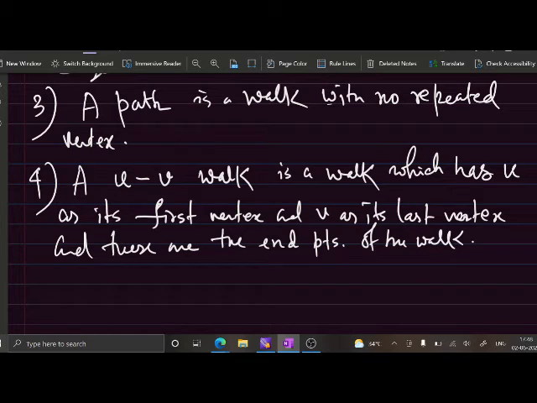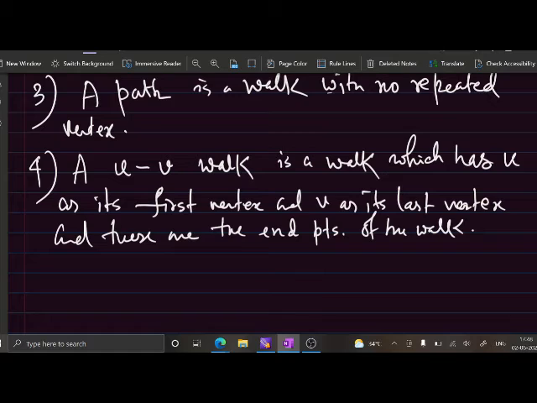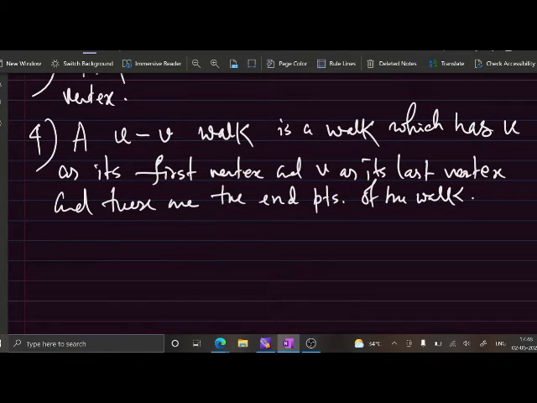So suppose you take any two vertices and you are considering a walk, and U and V are the end points of that walk. That is, U is the first vertex and V is the last vertex. Then it is called a UV walk.